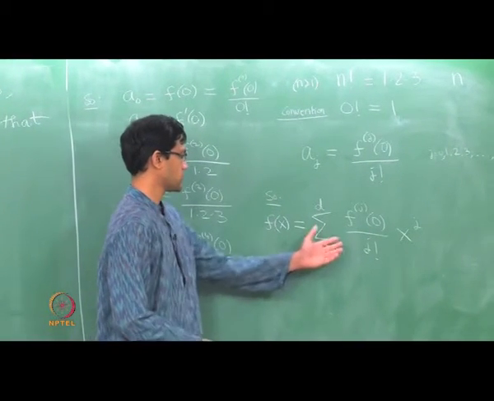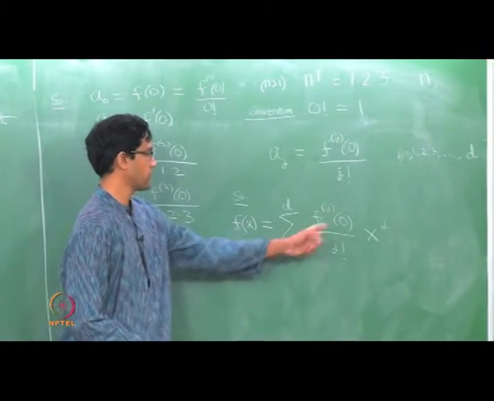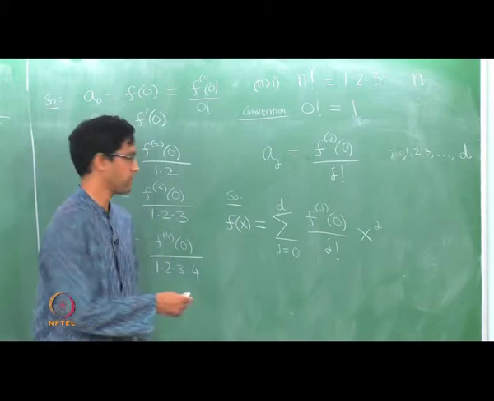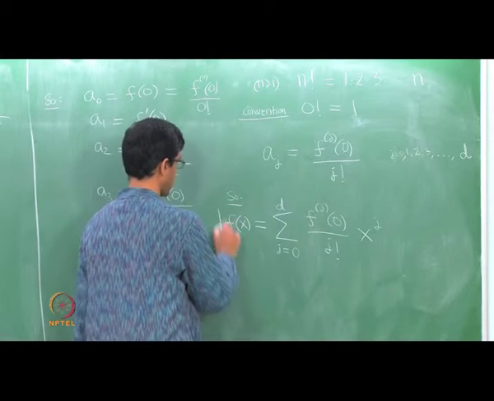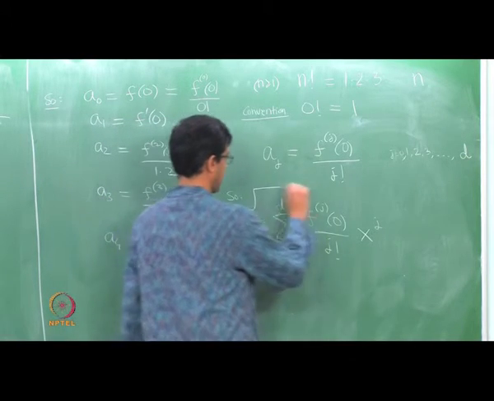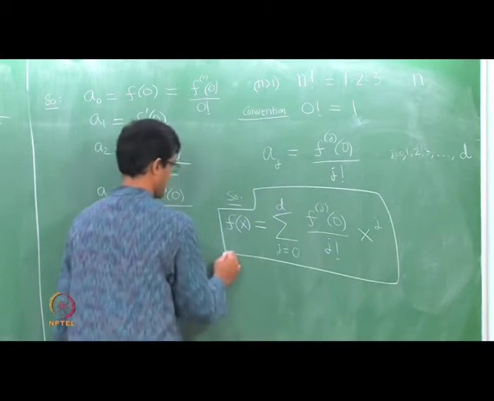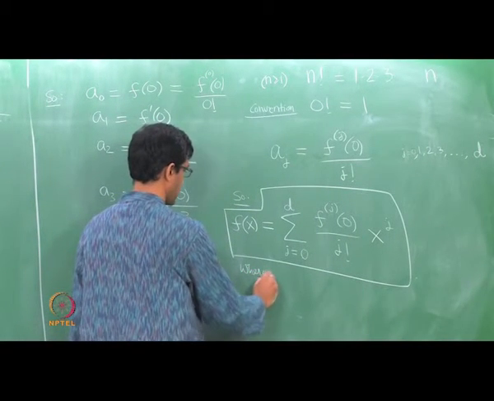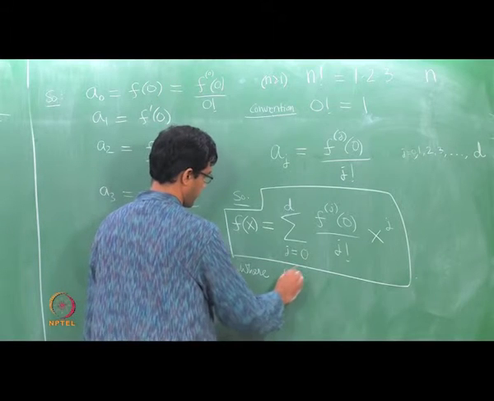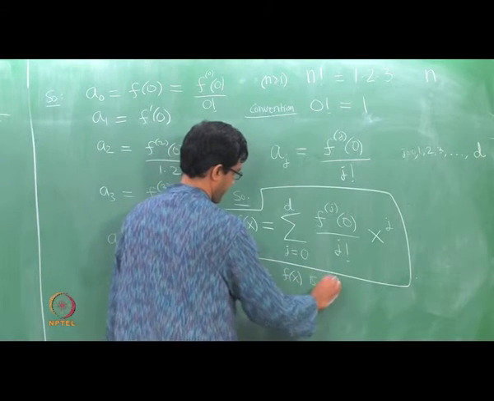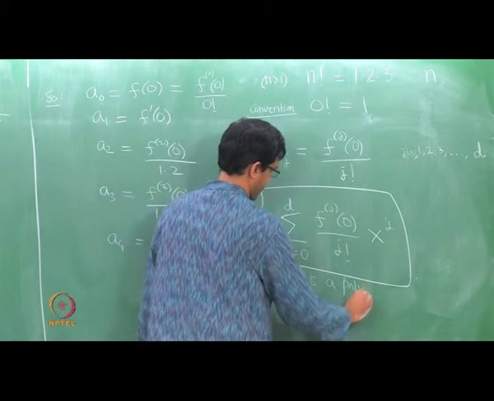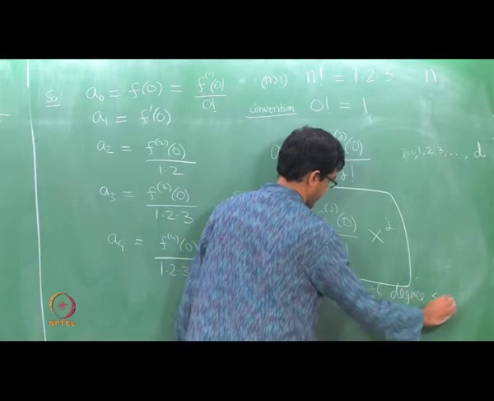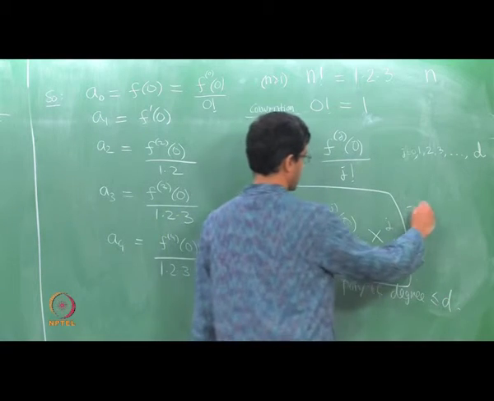So, f of x is just given by the sum of its higher derivatives at 0 divided by j factorial times x power j. This formula here is what you would call Taylor's formula. This is for f a polynomial of degree at most d. And this is what is called Taylor's formula.